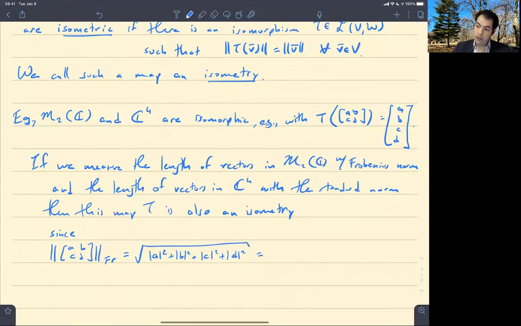And that's equal to the standard norm of the column vector A, B, C, D. Okay, so this identification of these two vector spaces also identifies the lengths, as long as this is the length you're using on matrices and this is the length you're using on column vectors.